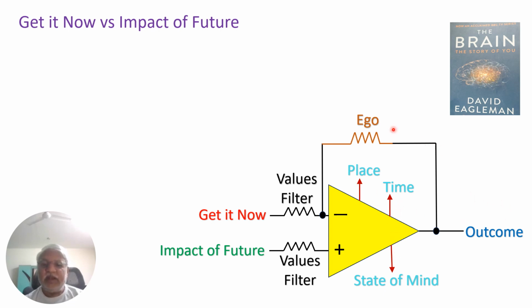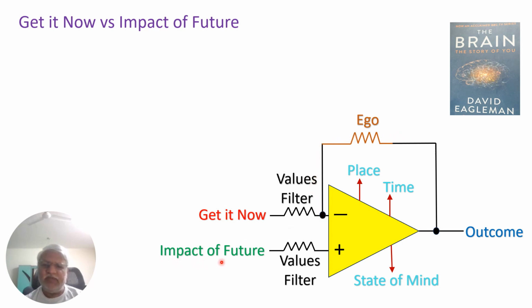Okay, and how ego will come into play, we will come to know based on the outcome. Assume that you are pushing something to satisfy immediate urges or cravings, then the outcome, whatever is coming, will give dopamine and feed back through the ego.